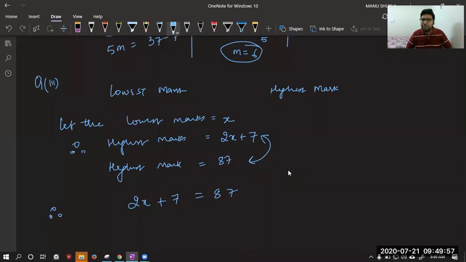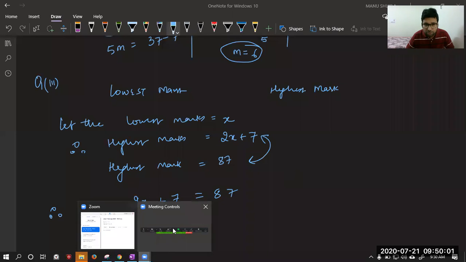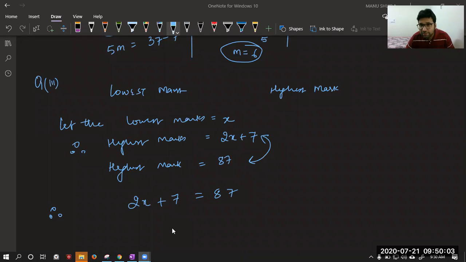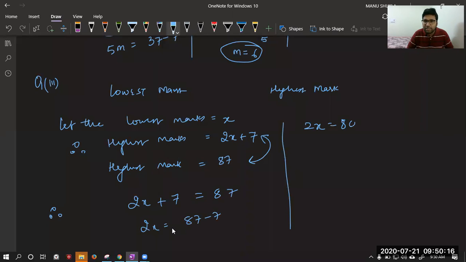All of you tell me the answer. What is the value of x? Okay, let's see. 2x equal to 87 minus 7. So we have got 2x is equal to 80. x is equal to 80 upon 2. x equal to 40. So the lowest marks is 40.